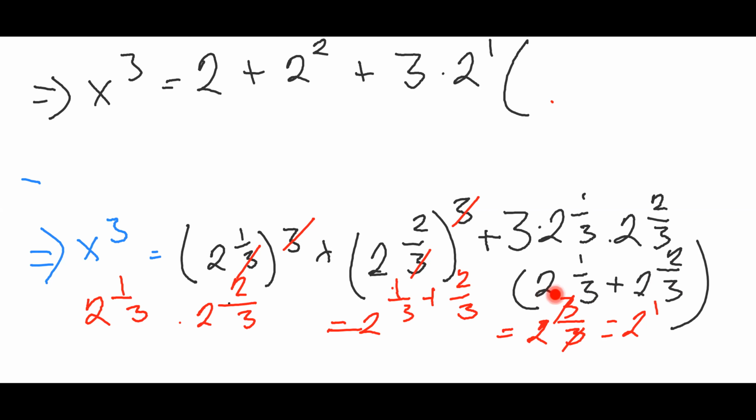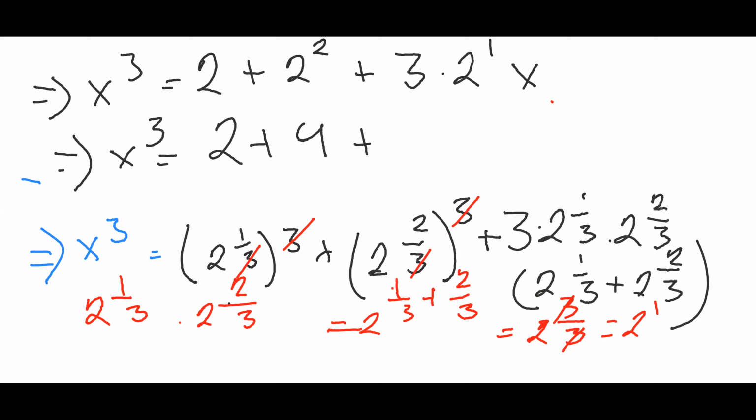এটার এগেইনস্টে আমি আবার কি লিখতে পারবো, x না, অলরেডি দিস ইজ আওয়ার গিভেন দ্যাট ইকুয়েশন, সো ওটার এগেইনস্টে আমি লিখতে পারি হচ্ছে x, সো নাও x কিউব ম্যাম প্লাস, আমি একটু শেষ করি তারপরে কোশ্চেনটা নেই, হ্যাঁ শেষ না হলে শেষ করতে পারছি না, x cube plus 2 plus 2 square means 4 plus 3 into 2 to the power 1 means 2, 3 into 2 means 6 and x, so 6x.